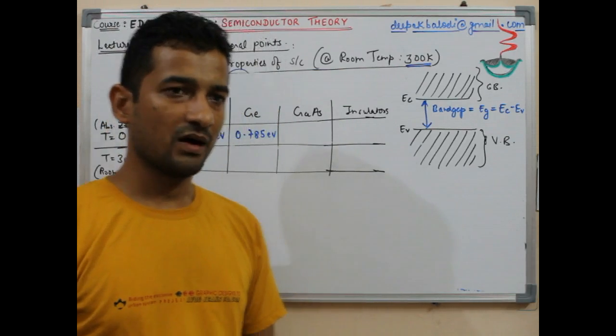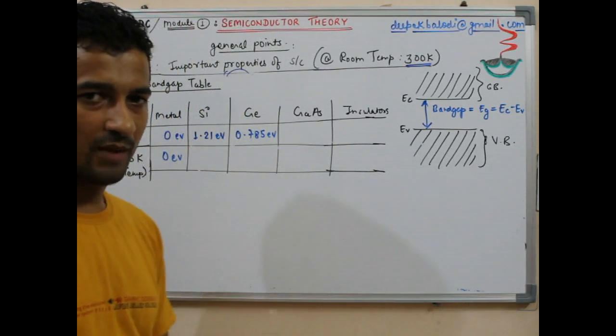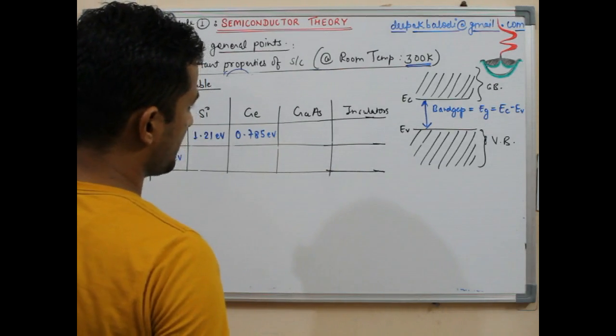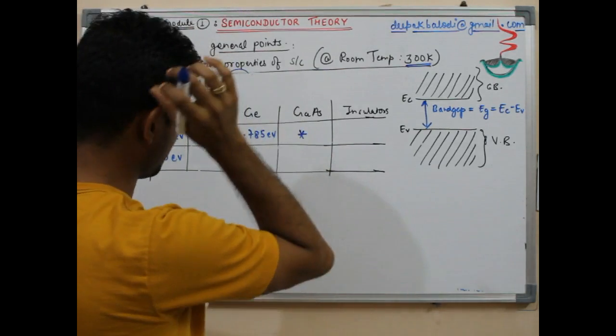So we should only mind up to the second decimal place. And for gallium arsenide this is not very well known, so I'll not mark it.